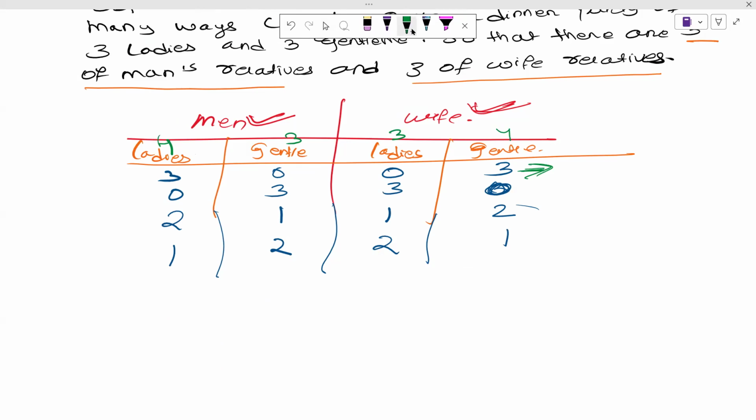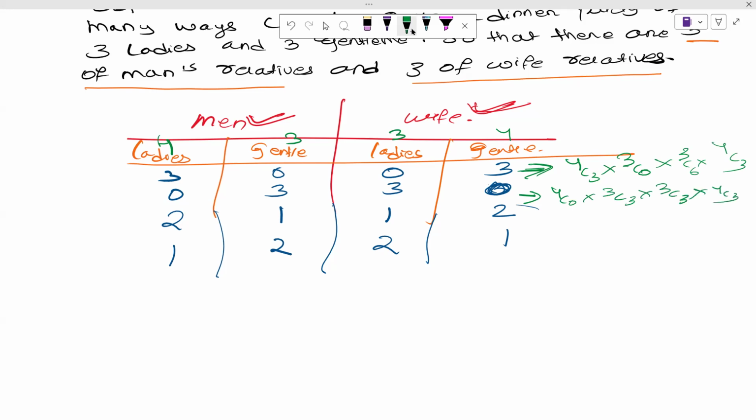So here, out of 4, we take 3, 4C3, multiplied by out of 3, 0, so 3C0. Now, multiplied by out of 3, 0, 3C0, multiplied by 4C3. Now, the second point. Out of 4, 0, 4C0, multiplied by 3C3, multiplied by 3C3, multiplied by 4C0.